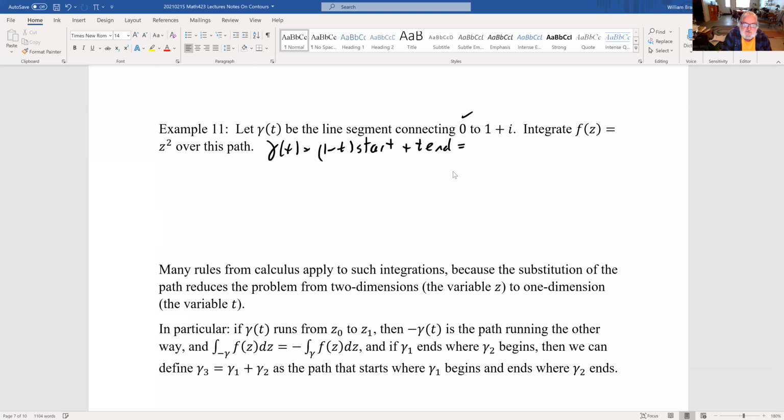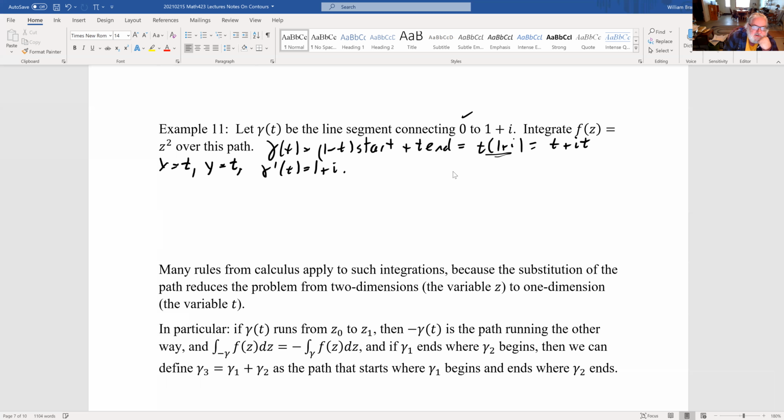So you start at 0, so this term goes away, and we just get t times 1 plus i, which equals t plus i times t. Okay, so along gamma, x equals t, y equals t. So that tells me what gamma is. I'm also going to need to know what gamma prime of t is, and that's the derivative. The derivative here is just going to be 1 plus i.